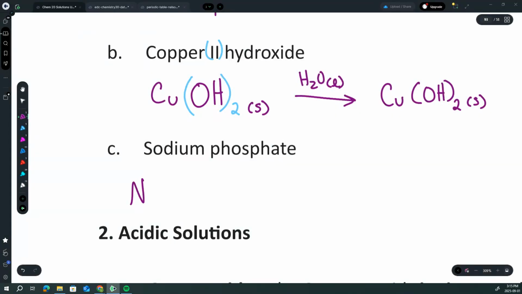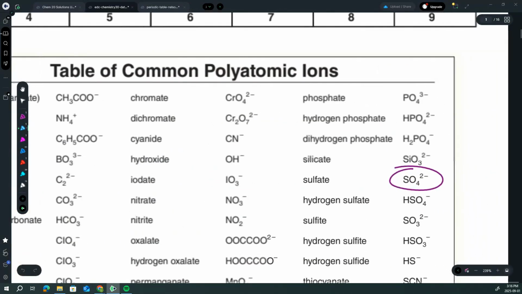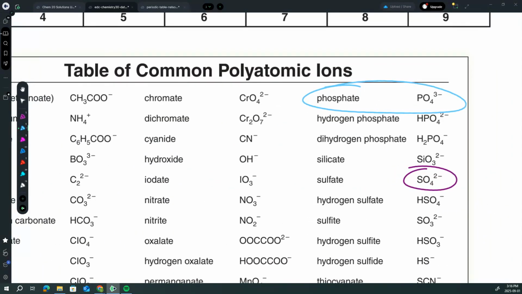Sodium likes to have a +1 charge. And for phosphate, we can find it right here. Phosphate likes to have a 3- charge.